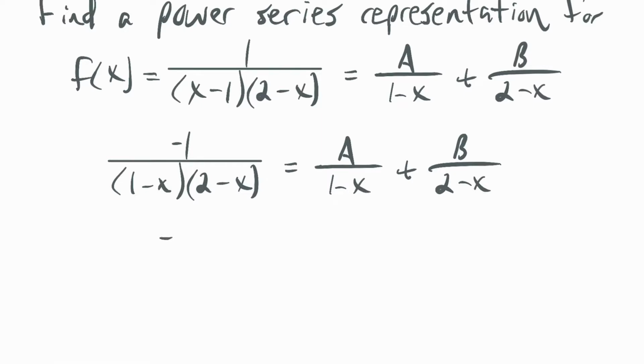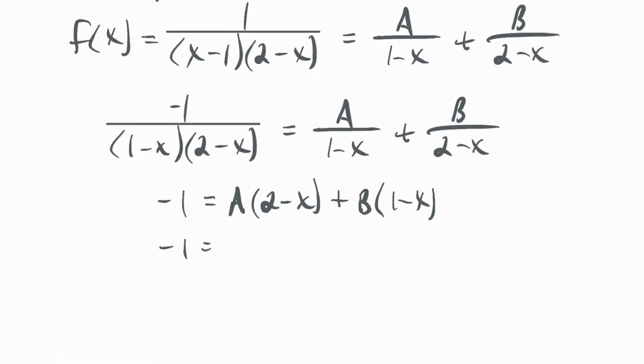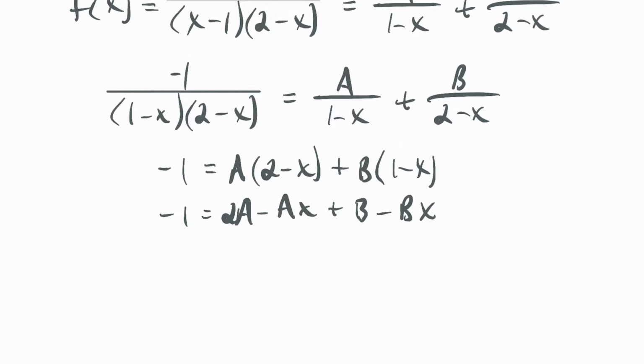So I'll have -1 equals a times 2 minus x plus b times 1 minus x. So -1 equals 2a minus ax plus b minus bx. So on the right, I'll combine like terms.